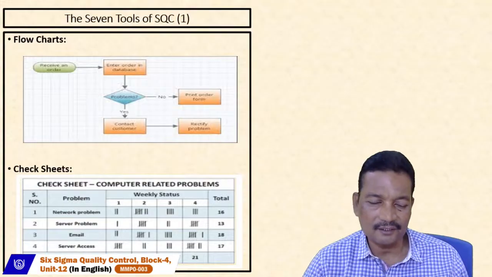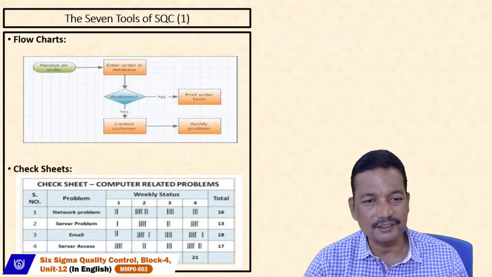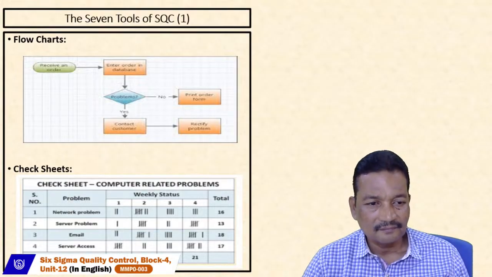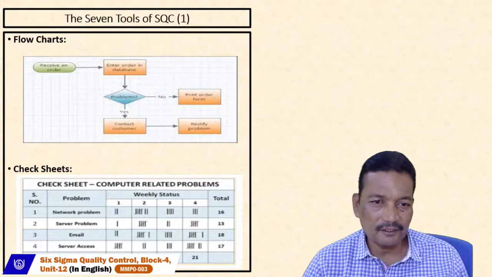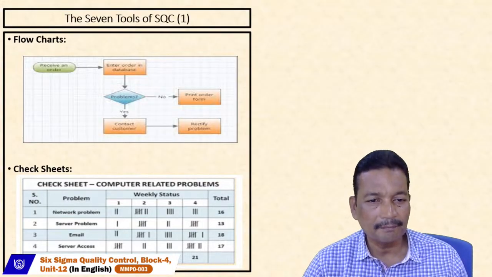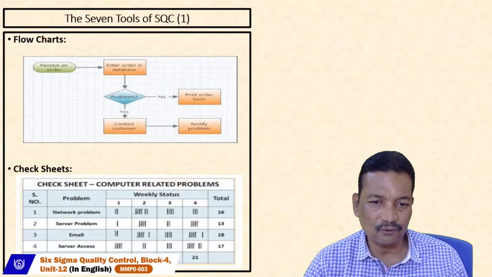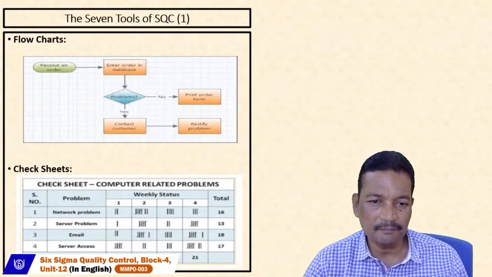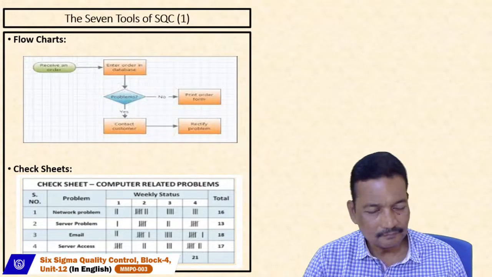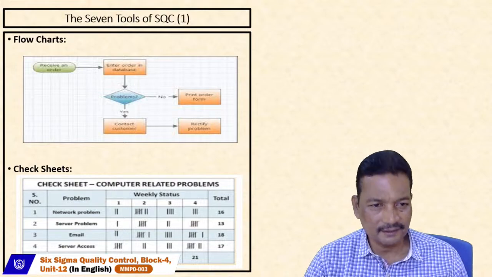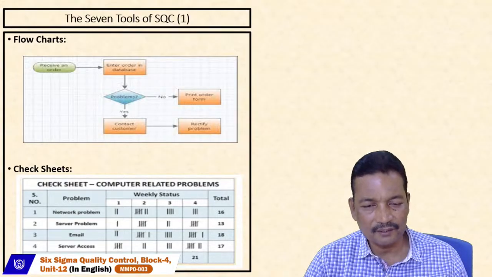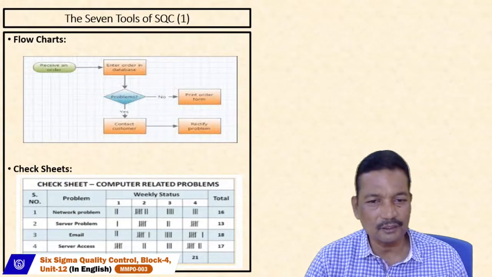And the weekly status also we try to see by using the tally marks. So we say computer faces problems maximum due to emails followed by server access, then network problem, then finally server problem. So here we can say yes, if we check the email first, then most of the problems will go away.